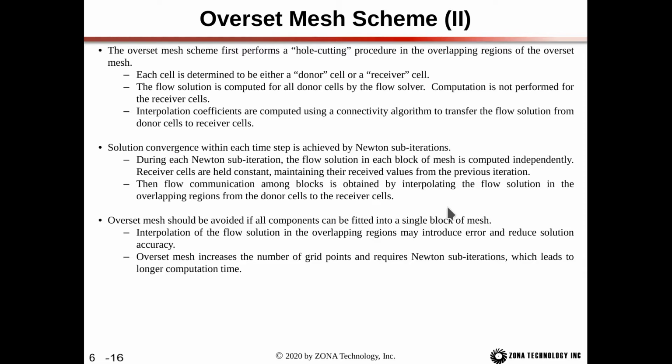Now, the solution convergence within each time step is achieved by the Newton subiterations. So during each Newton subiteration, the flow solution in each block of mesh is computed independently. The receiver cells are held constant, maintaining the received values from the previous iteration.